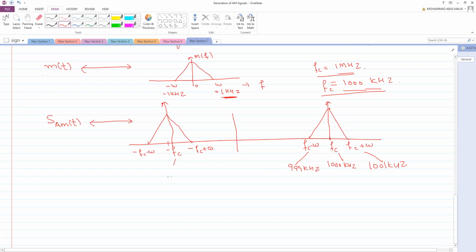Similarly, this value will be minus 1000 kilohertz, this value will be minus 999 kilohertz, and similarly this will be minus 1001 kilohertz. This will be your final value, which you will get.